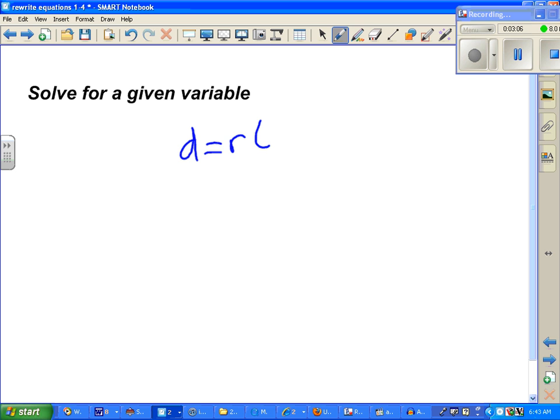Distance equals rate times time. Okay? Let's say it tells you that you want to know the rate based on time and distance. So what they want you to do is to solve for r, because they want you to find the rate. Well, here's what's happening.